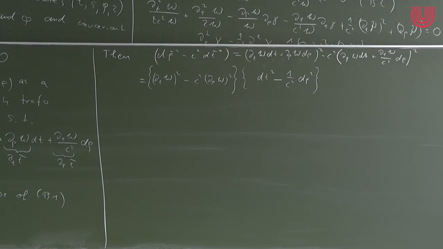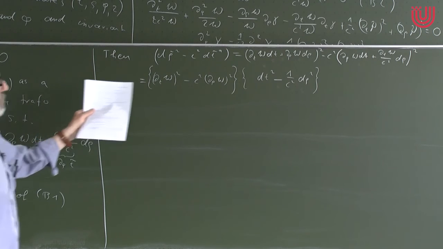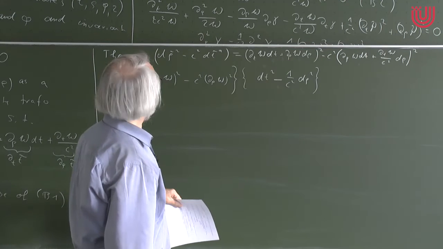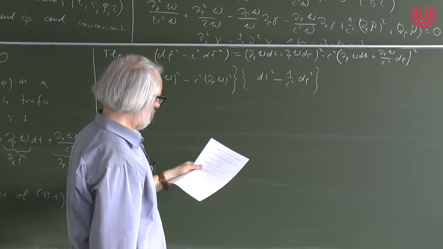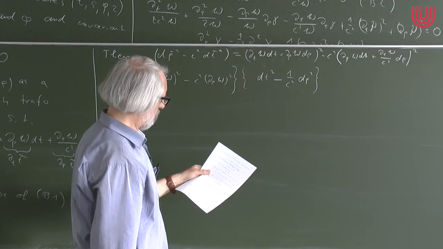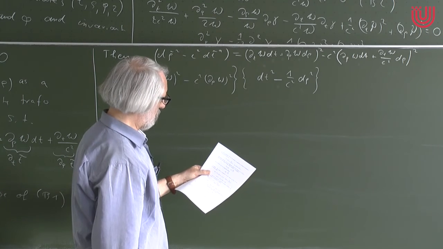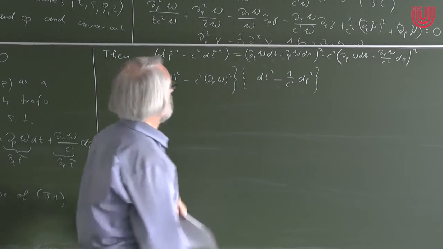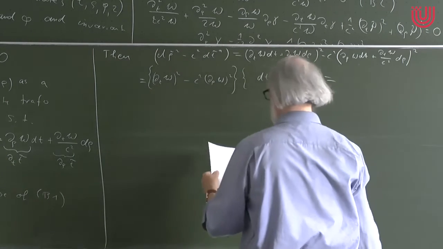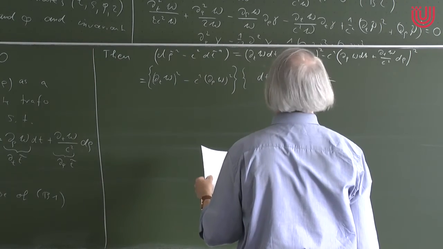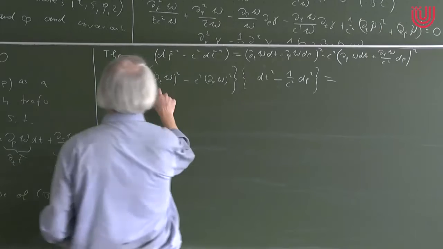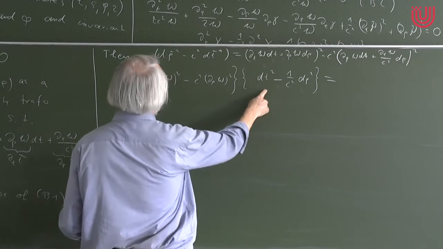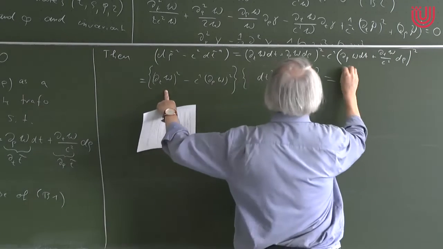So we see that that's the expression which we have. Maybe I should have multiplied by c squared. Looks nicer, right? Or is the sign wrong? Let me divide this by minus c squared, and this I multiply by minus c squared.